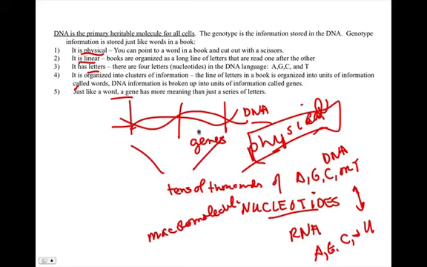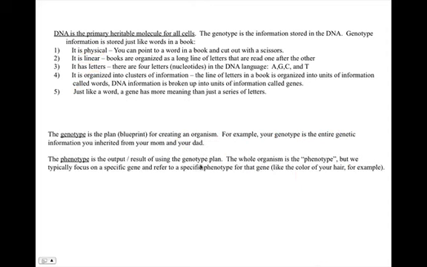And a gene is like a word. It's kind of an organizing pattern in a book of genetic information. It's long, a lot of information. So this plan is called the genotype, and you inherited a genotype from your mom and your dad.